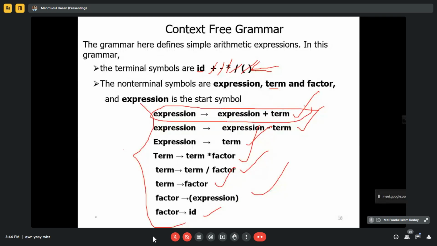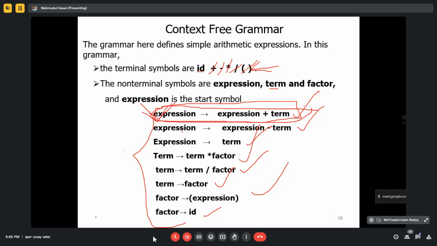Abu Bakr? Yes, sir. I got it. The right side is the production rule, right? No, not the right side. The whole line, like a statement. If you consider a C program, each line is a statement. And here each line of the grammar is a production rule.